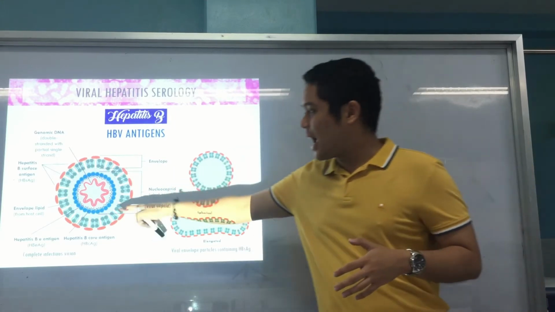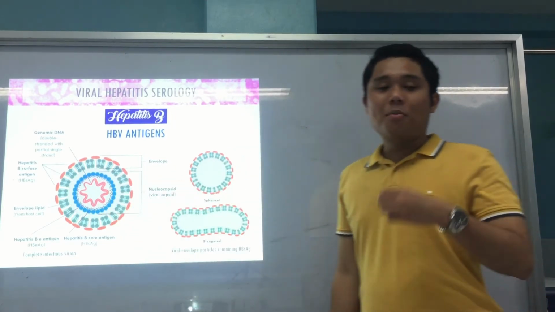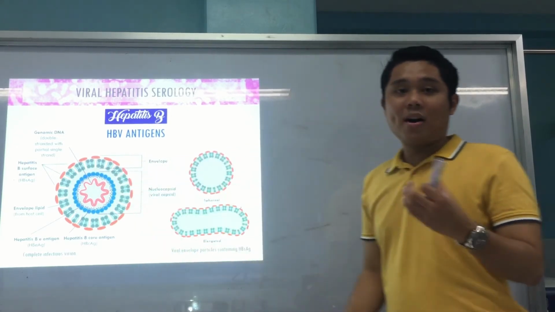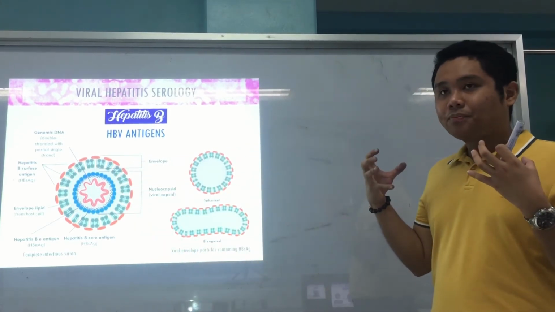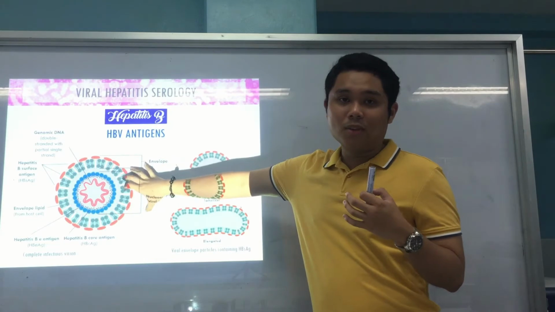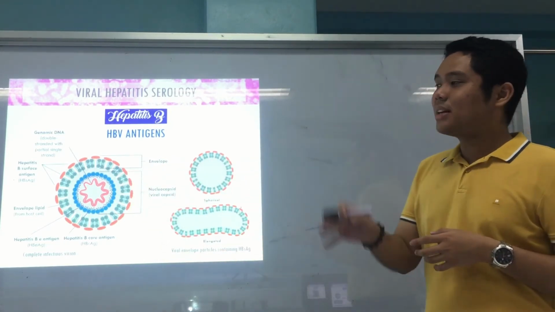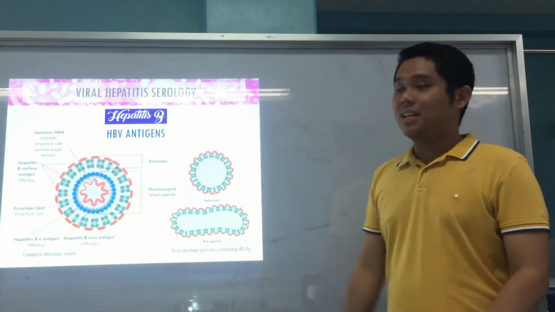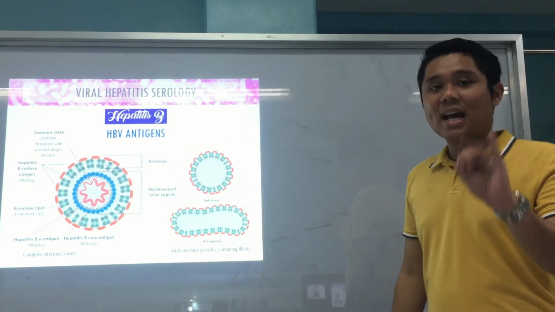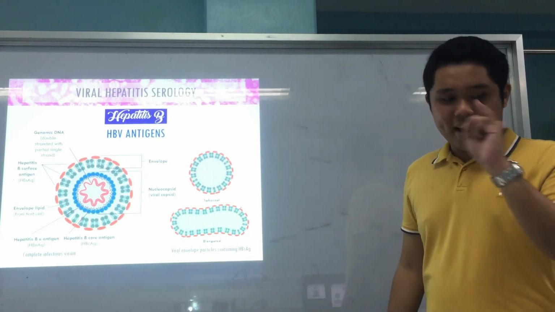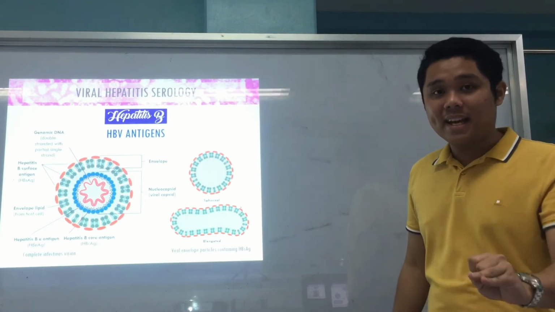But for HBc antigen, this blue one, it's big, so it cannot go out because of the envelope of your virus. It cannot go out because of the envelope, okay? It gets trapped. That's why HBc antigen is not detected in serum. Only HBs antigen and HBe antigen can be detected in serum.